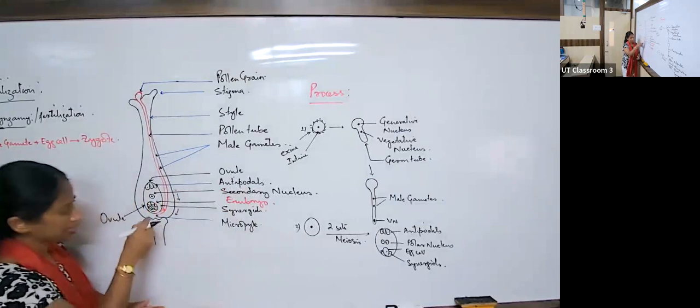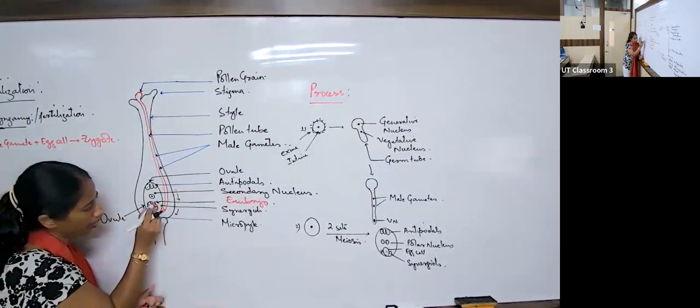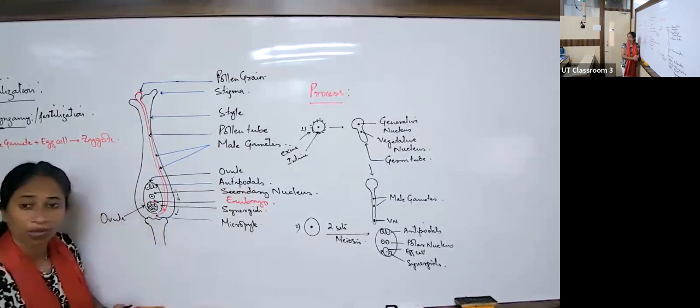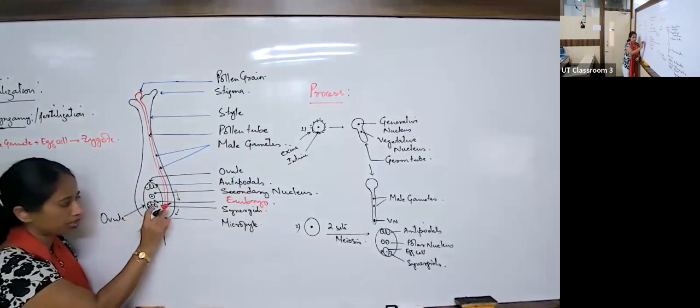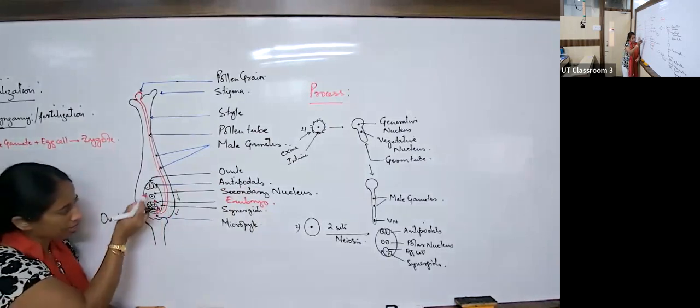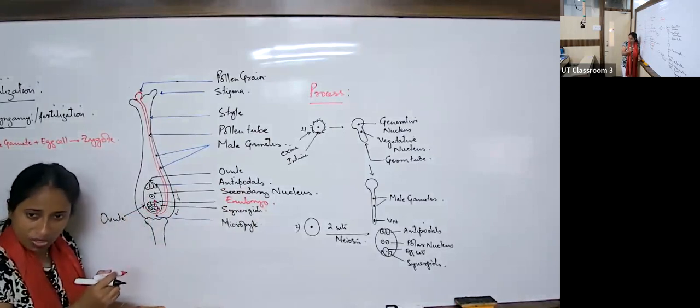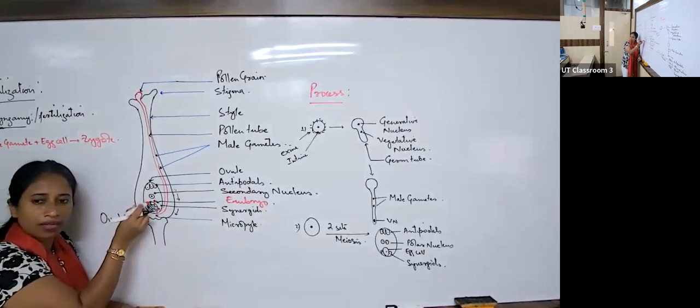Now, by that time, this secondary nucleus will go and start fusing with the male nucleus. It will now start taking this pathway, because fusion with the embryo cannot happen, since it has already got converted into a multicellular structure. Now it will go and fuse with this.